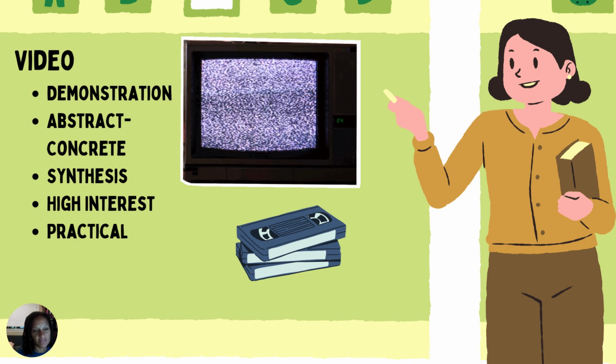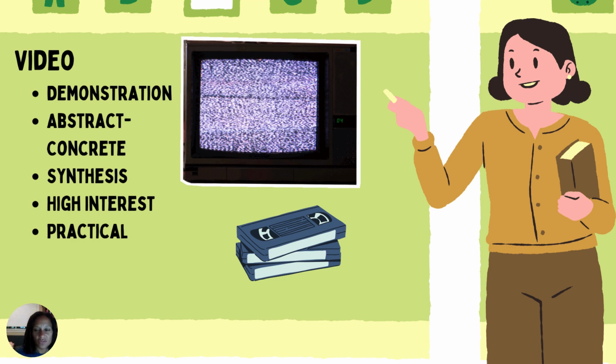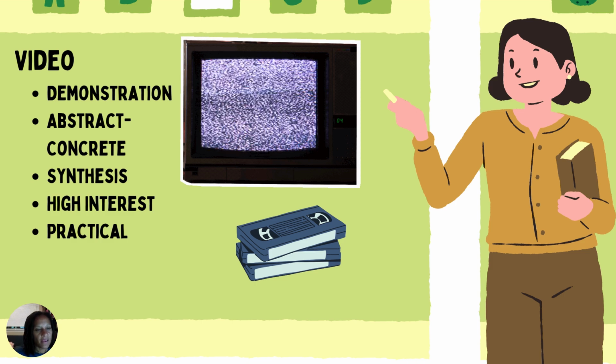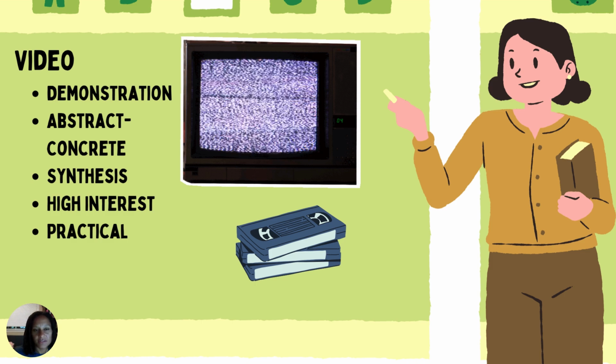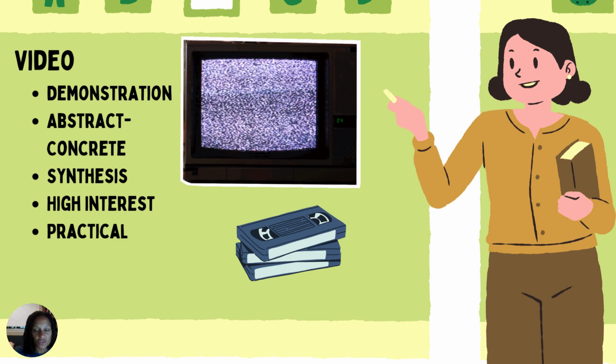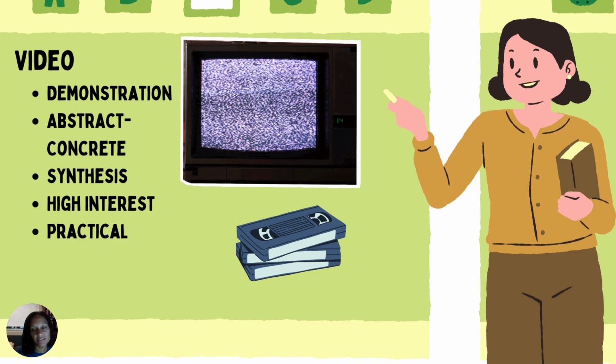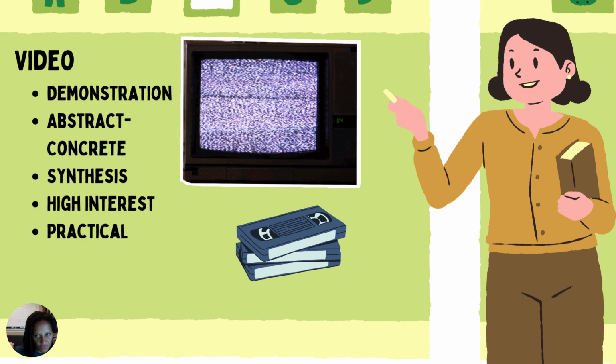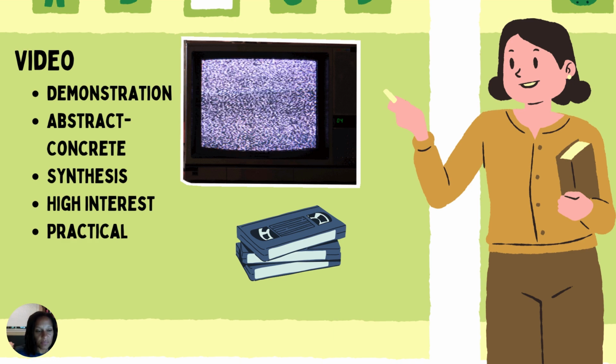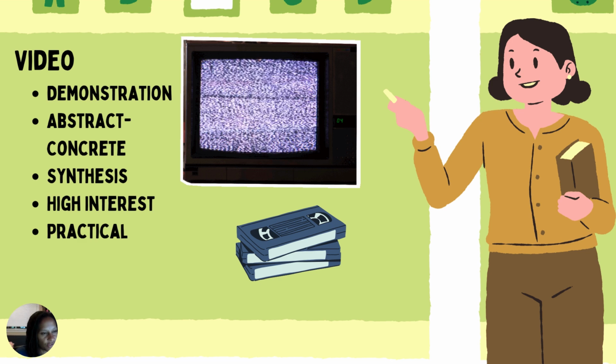And that helps with synthesis of new ideas. Okay, so demonstration, illustration. It brings students or people to situations, places, experiments that they wouldn't be able to easily replicate or experience. There's a high interest level for students with video, and it can be very practical for skills demonstration and learning.